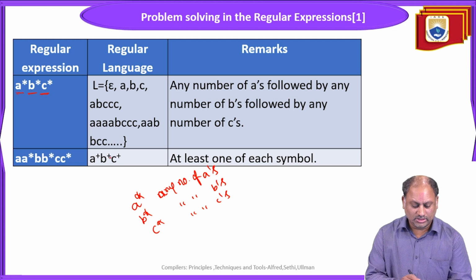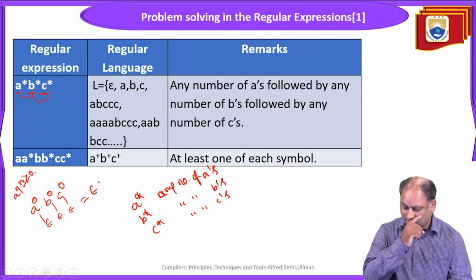Here it is A star followed by B star followed by C star. So any number of A's means A power n, n greater than or equal to 0. So A power 0, B power 0, C power 0. So this is epsilon, we'll get epsilon.